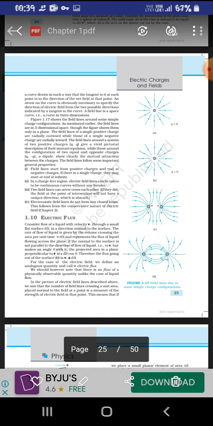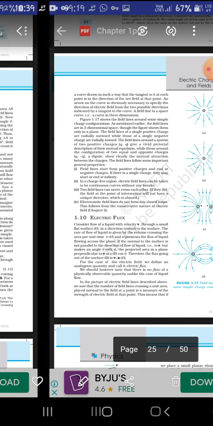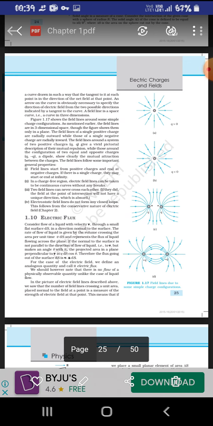And next is the electric flux. So what is electric flux? Consider the flow of a liquid with velocity v through a small flat surface dS. In a direction normal to the surface, the rate of flow of liquid is given by the volume crossing the area per unit time. So v dS represents the flux of liquid flowing across the plane.